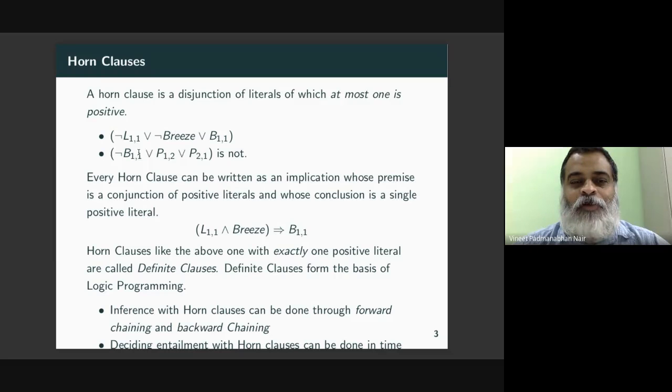So if I convert the first one, not L11 or not breeze or B11, and I want to write it as an implication, I can write it the way I have shown here: L11 and breeze, then B11. Why is it so? Why did I write the first one in an implication form? Is there any reason for that? Or why did I write it like that?